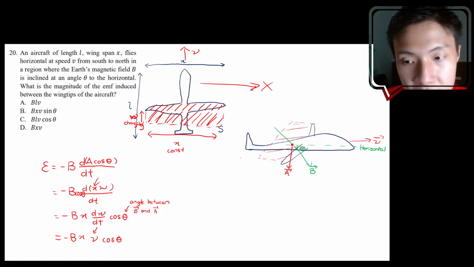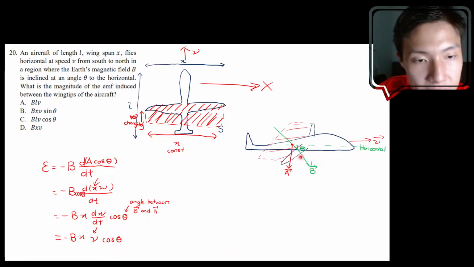So when I say this theta here should be the angle between B and A, this should be the angle that we substitute in. But they give theta to be another angle already.